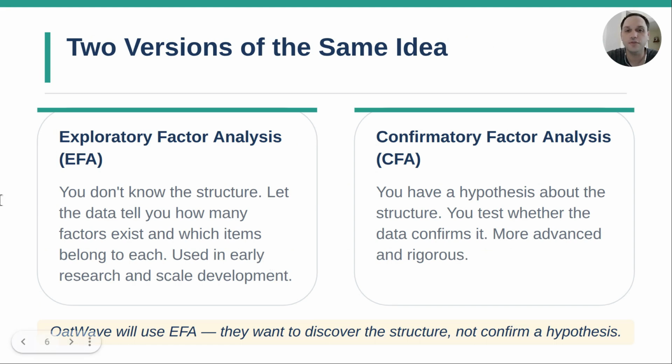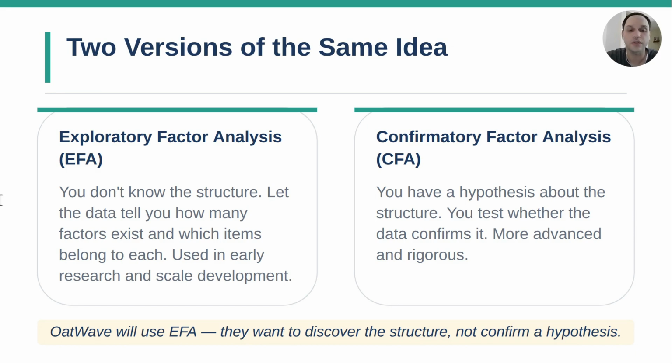There are two versions of factor analysis, and they're used in different situations. Exploratory factor analysis, EFA, is used when you don't know the factor structure in advance. You let the data tell you how many factors exist and which items cluster onto each one. It's the discovery version.